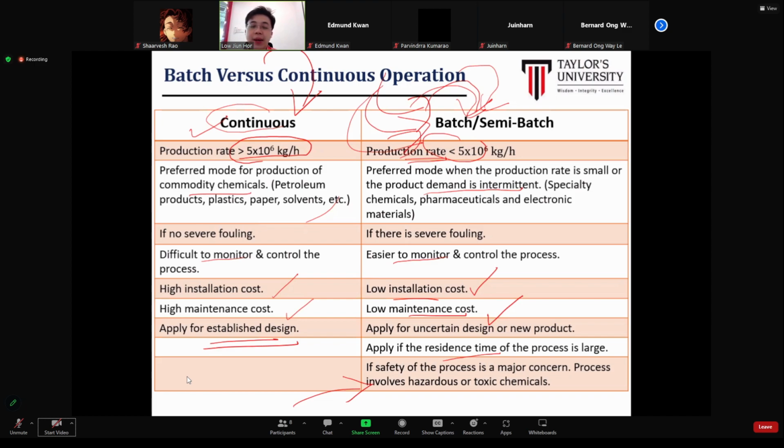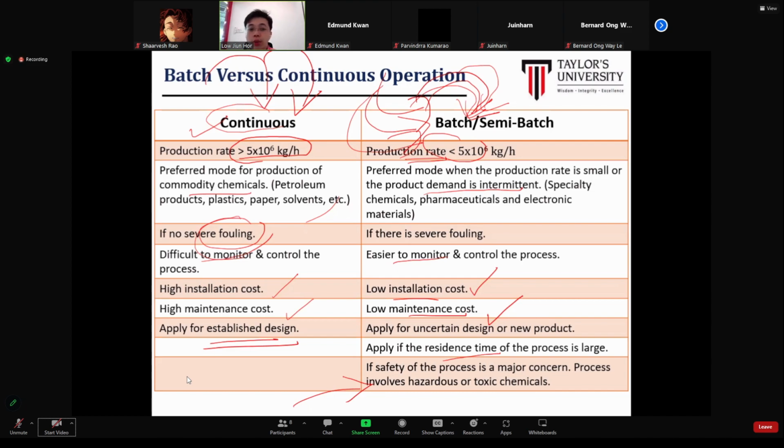So if the process that you are going to apply will cause what we call fouling on the surface of the catalyst, then we will use batch operation mode. If the fouling problem is not that serious, then we can go for the continuous operation mode.